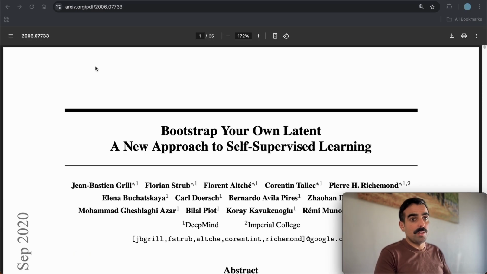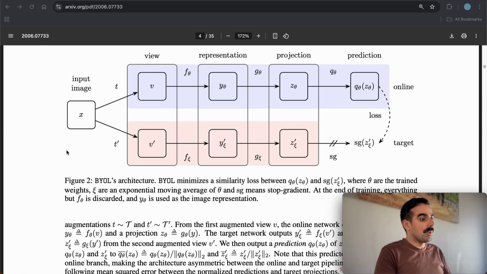Now we're going to talk about this method, Bootstrap Your Own Latent, a new approach to self-supervised learning. They use another network, usually called the momentum encoder, where you stop the gradient on this network and you update based on the exponential moving average of the parameters of this network.